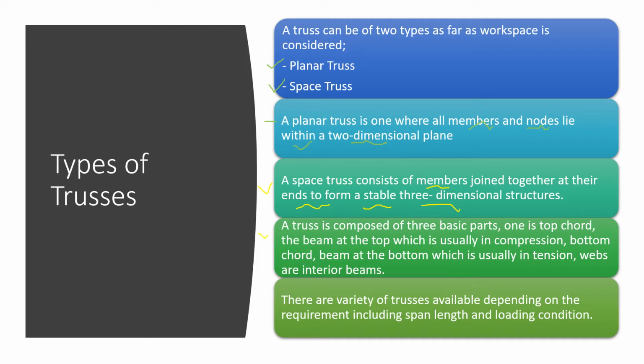A truss is composed of three basic parts. The first one is the top chord. The top chord is the beam at the top, which is usually in compression. The second one is the bottom chord, which consists of the beam at the bottom, which is usually in tension, and the third part is the webs, which we call the interior beams.